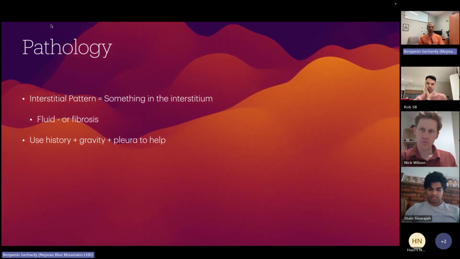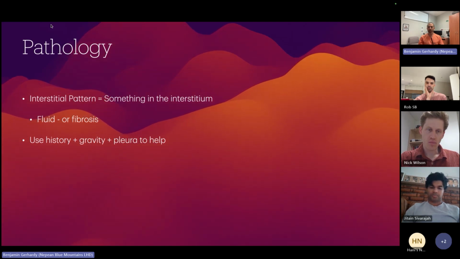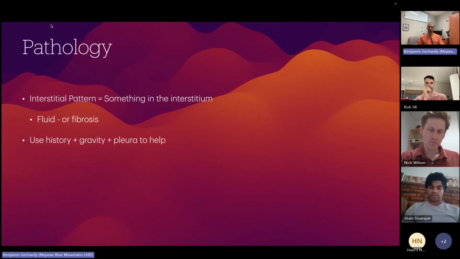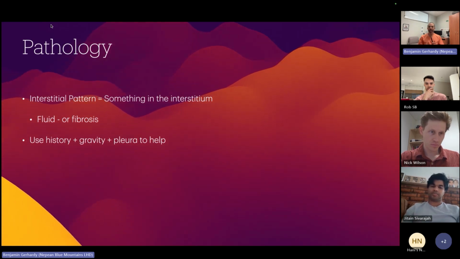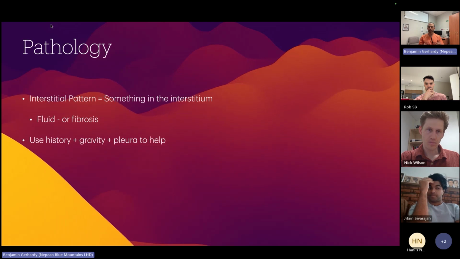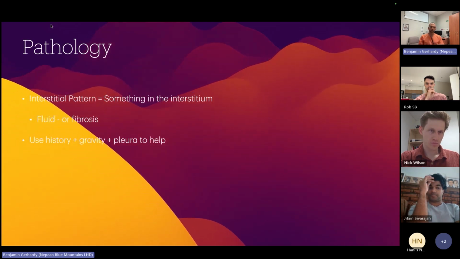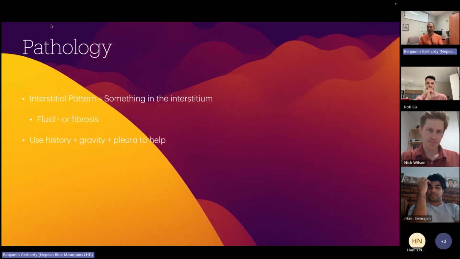There are some reported signs on ultrasound you can use to say whether someone's in cardiogenic or non-cardiogenic pulmonary edema. And while some large data sets indicate one or the other, by no means have I seen any data that says it's clearly diagnostic. None of these features are clear proof either way. So there are some things you can manipulate to help you, apart from the history. Gravity is the big one.